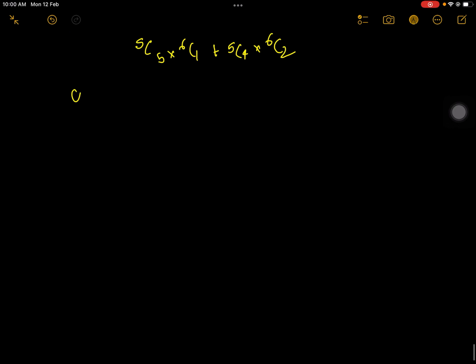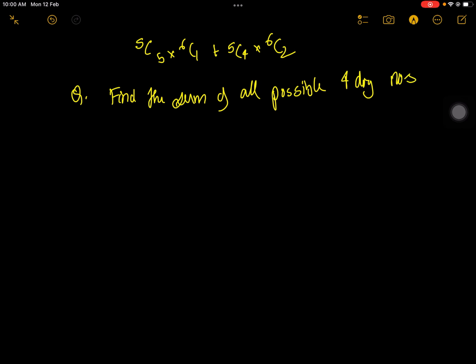Next type of question is like the sum. So find the sum of all possible 4-digit numbers which can be formed using 1, 2, 3, 4 without repetition, obviously.